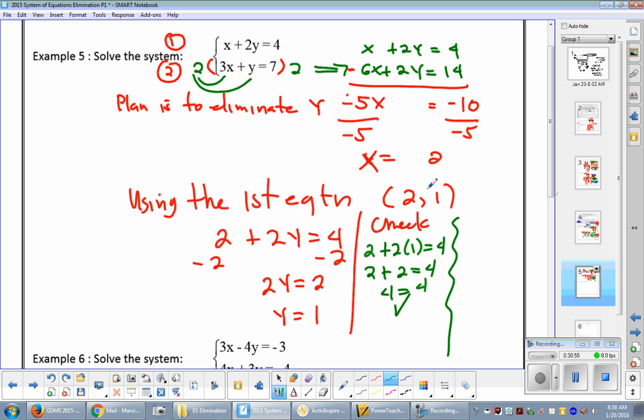Let's check my solution in my second equation. I have 3x, but x is 2, y is 1, equals 7. So I have 3 times 2 here is 6 plus 1 equals 7. We have 7 equals 7. So the second equation is also correct. All right, from here we can say that this solution 2 comma 1 is correct.